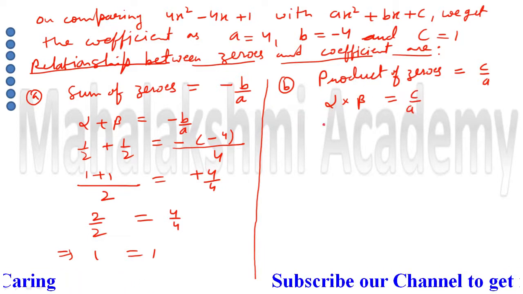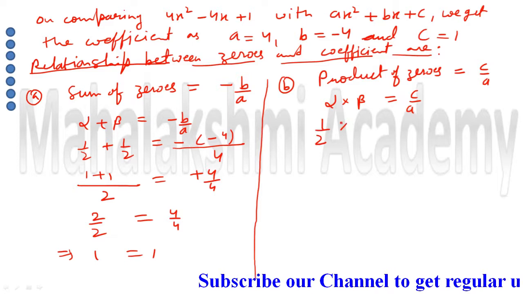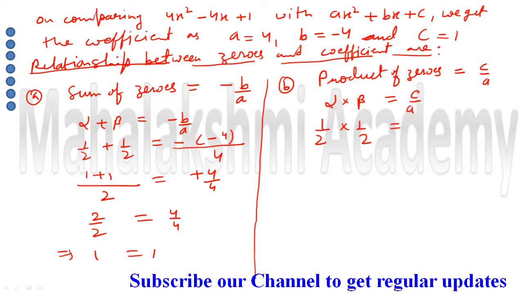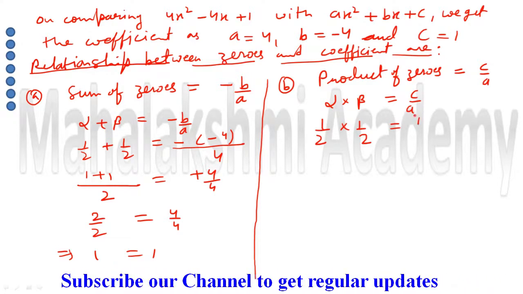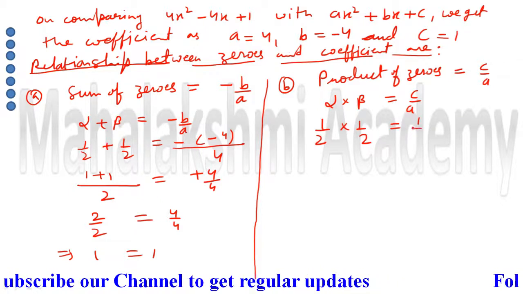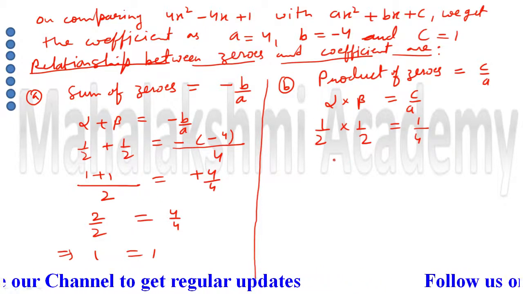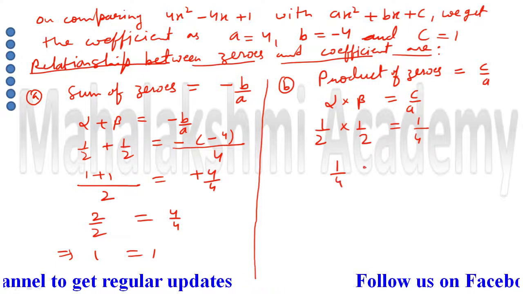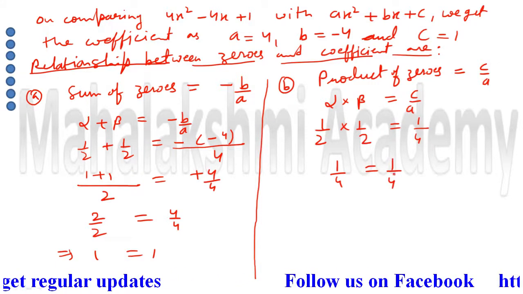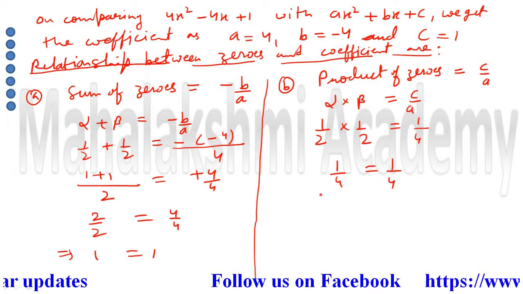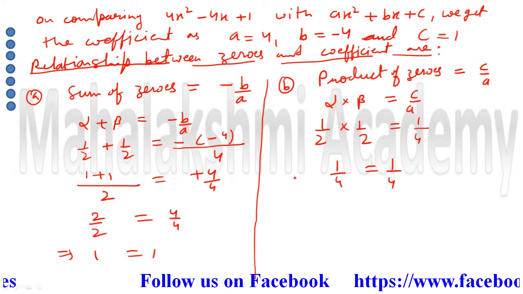So we will put the values. Alpha is half and beta is also half. Now c. What is c here? 1, and what is a here? 4. So it is going to be 1 ones are 1, 2 twos are 4. So we got the same, left hand side is equal to right hand side. So both the relationships are true.